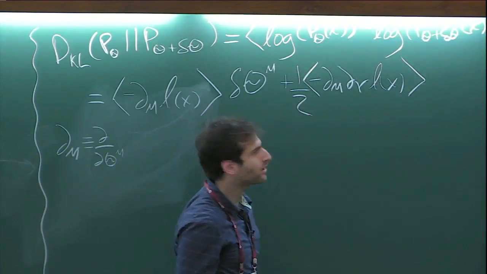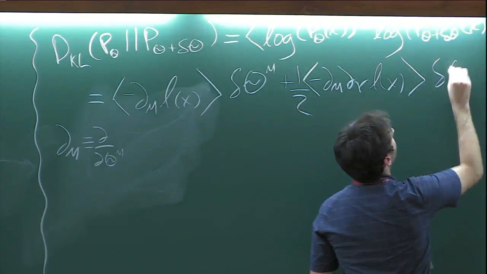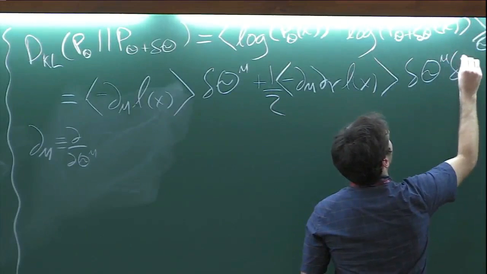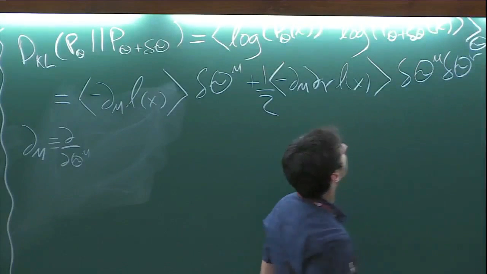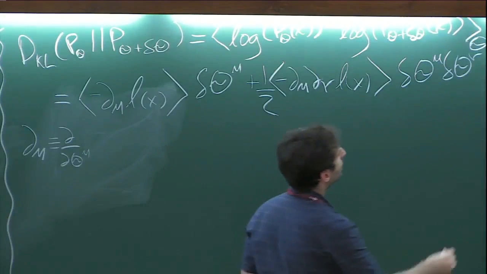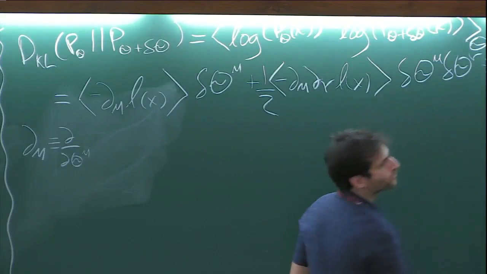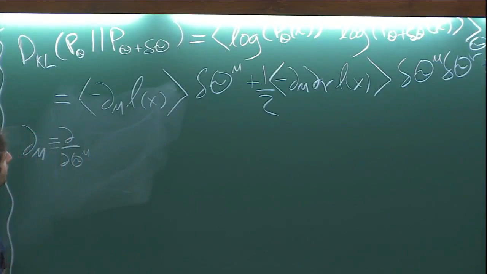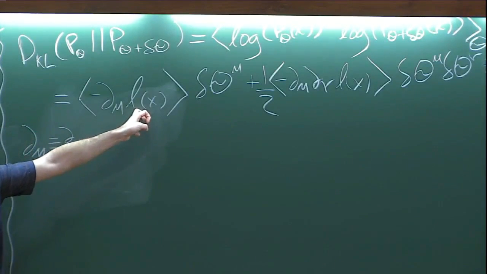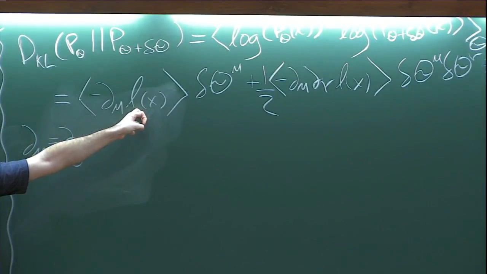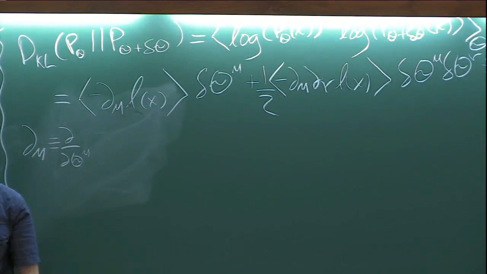So 1/2 here. And now we have this. So what do we do with this term here? Yeah, this term is 0, right? So Mark showed this in the last lecture, right?